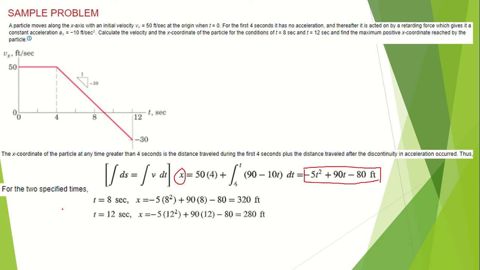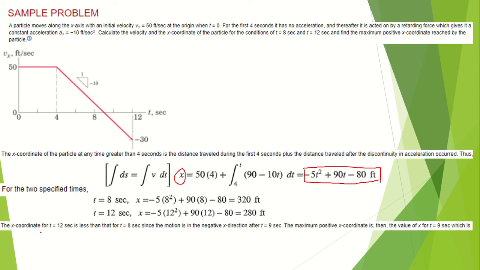All right, at t equal to 12 seconds, we have x equal to 280 feet. So the x coordinate for t equal to 12 seconds is less than that for t equal to 8 seconds. This is our observation, class.